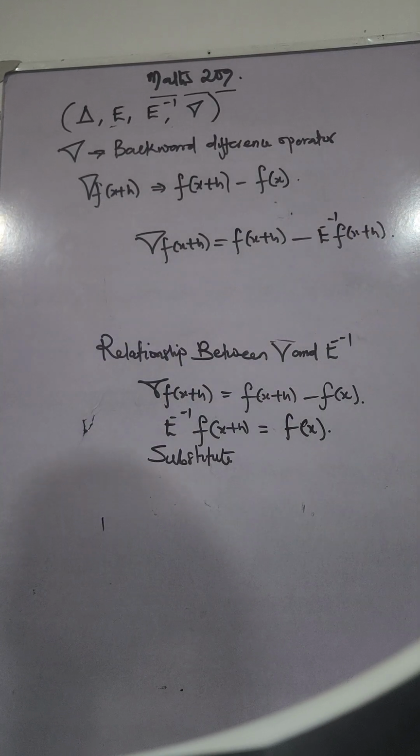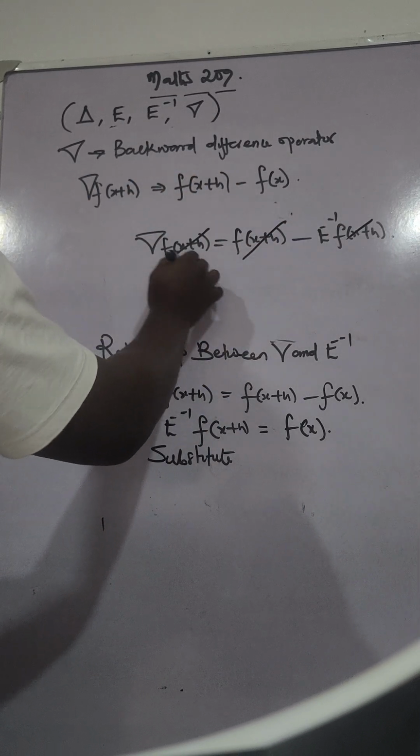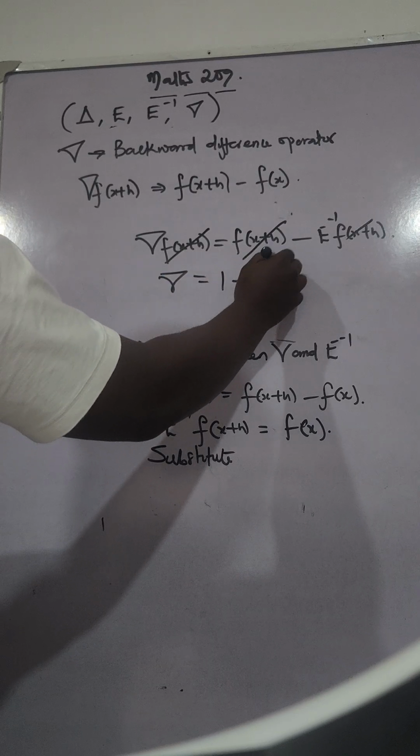Did you see that? So we said that we can factorize. So this cancels this. So backward difference is equal to 1 minus E inverse.